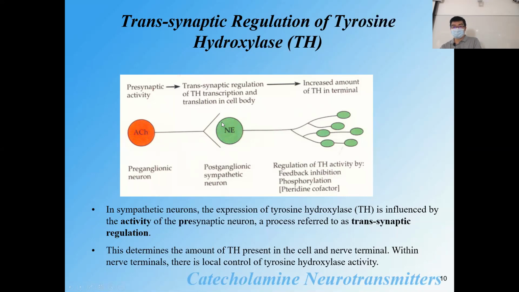Now, because tyrosine hydroxylase is the rate-limiting step in the synthesis of the catecholamines, you will see that in some drugs you can bypass this and use it as a treatment method. If you increase the synthesis, then supposedly you can release more.